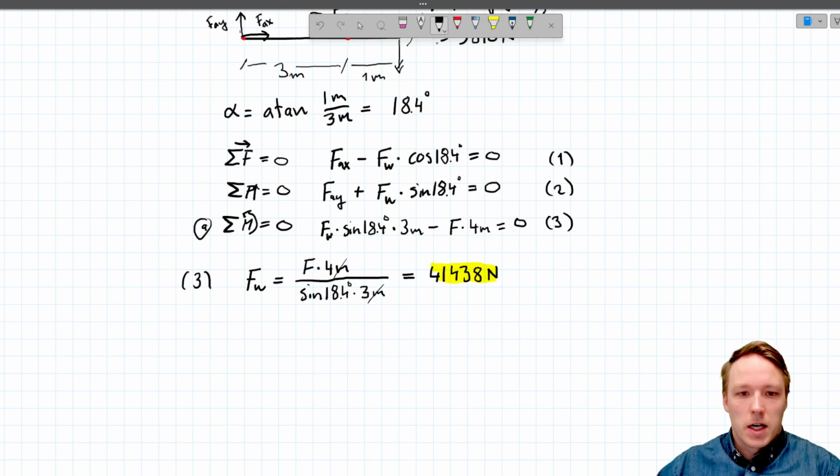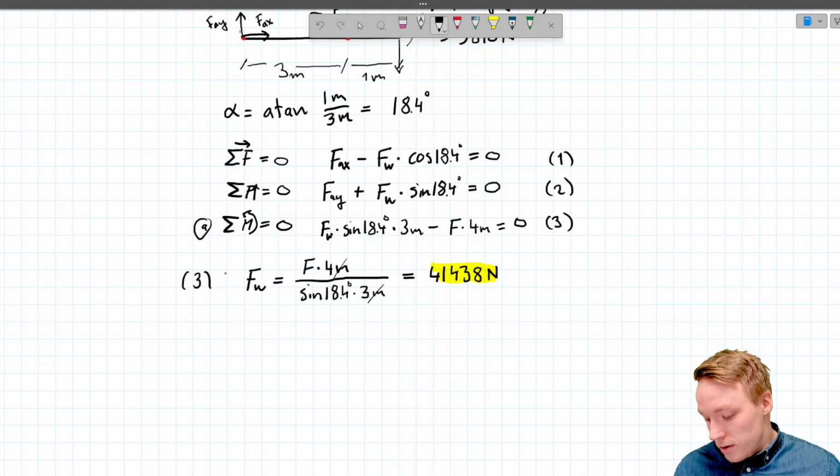And now the task was to calculate what is the required diameter for the wire in order to get the safety factor to be 5. And we already previously calculated that the maximum stress which we allow in the wire is 120 megapascals.